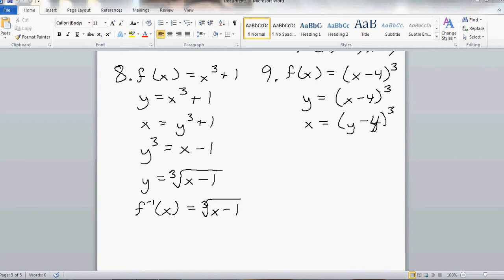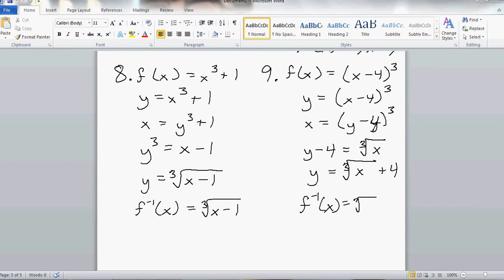And we need to solve for y, so the first thing I'm going to have to do is take the cube root of both sides. So I get y minus 4 equals the cube root of x, and then add 4 to both sides, so that the cube root of x, and then plus 4 is not under the cube root. And then finally, rewriting this into the inverse function form, we get the cube root of x plus 4.